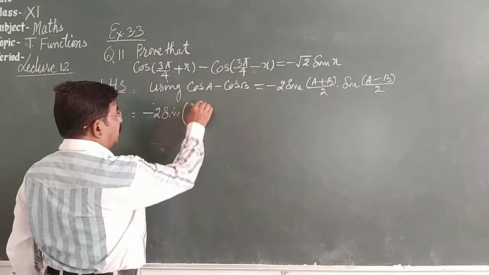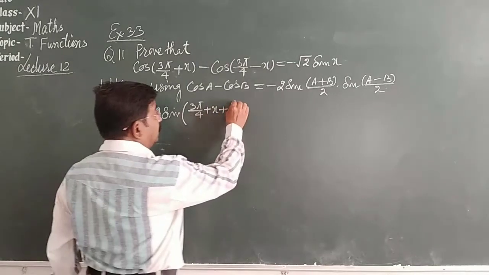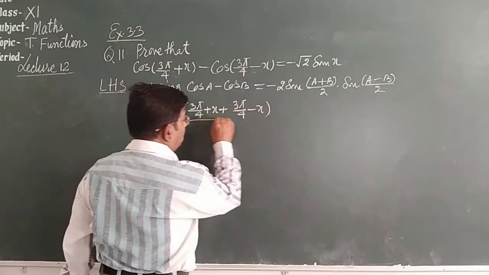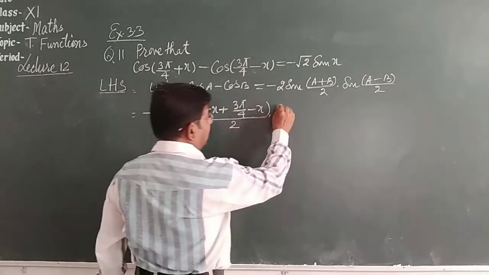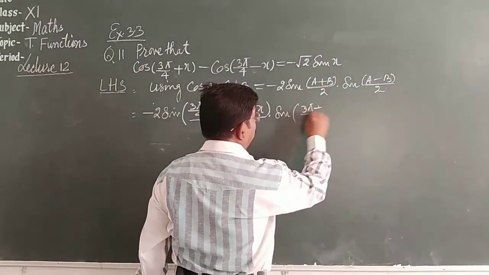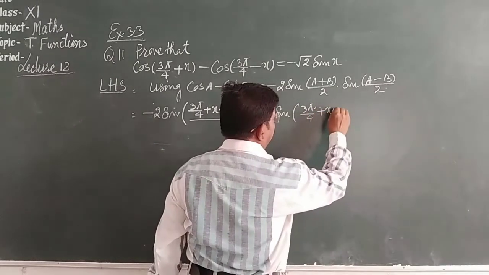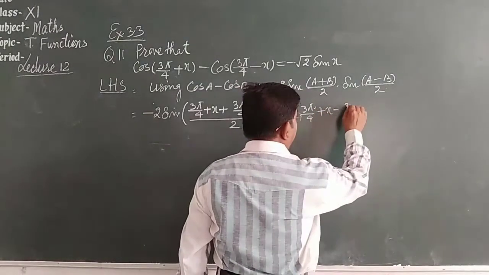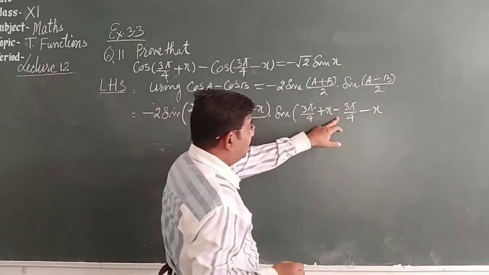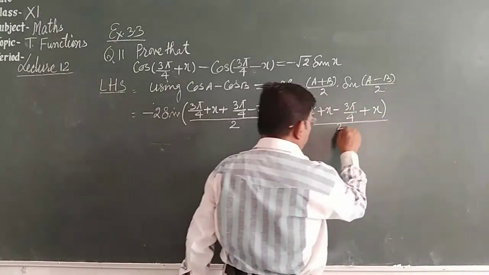So we have 3 pi by 4 plus x plus 3 pi by 4 minus x upon 2. Again sin 3 pi by 4 plus x minus 3 pi by 4 minus x. So due to this minus sign, this minus x will convert into plus upon 2.